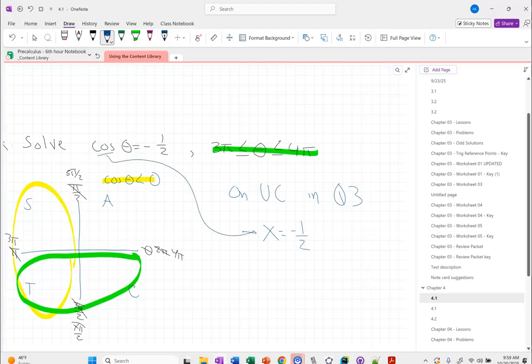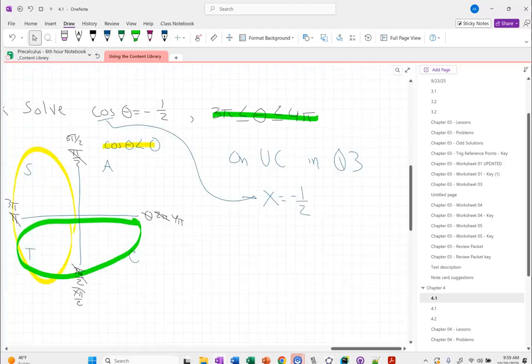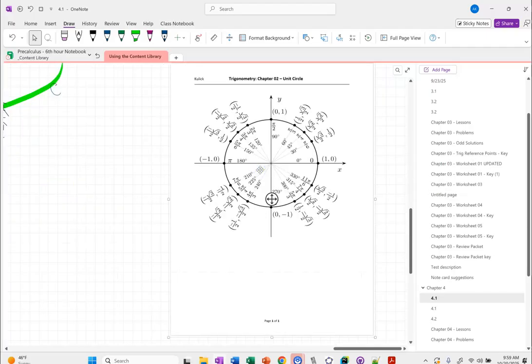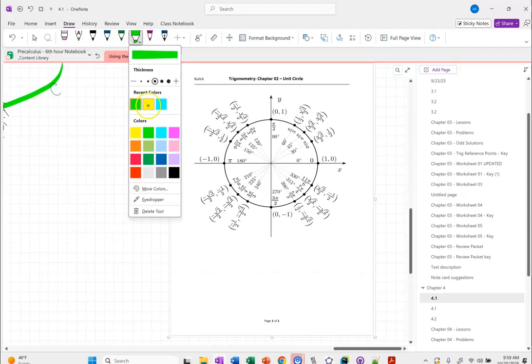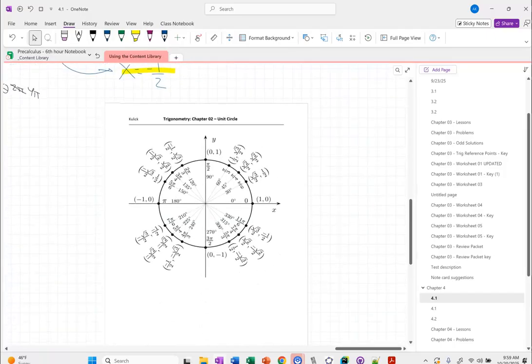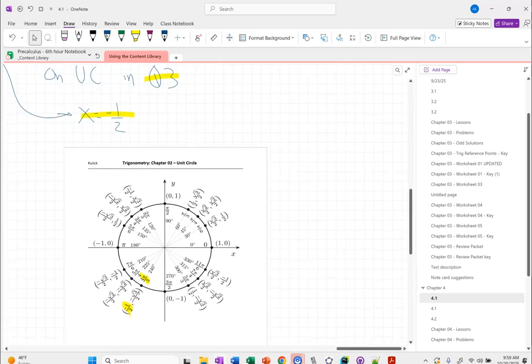Cosine. Right? So far, so good, everybody? So if I look in quadrant 3, that's what I want. So my answer is 4 pi over 3, right?